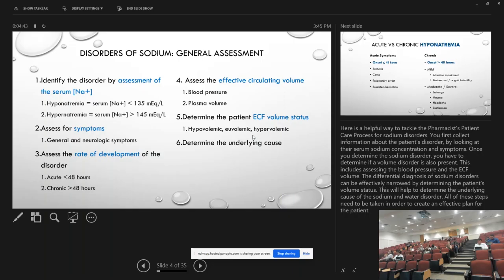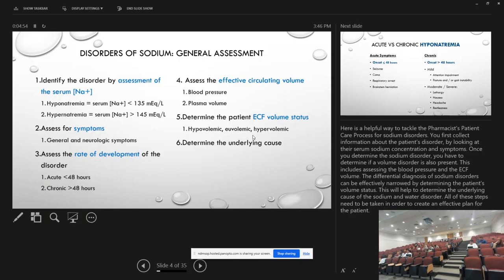Once you identify either disorder, then you're going to assess for symptoms, and you have to know the common symptoms for the sodium disorders. So what are they? What organ is affected for sodium? The brain. So think of the brain, okay?